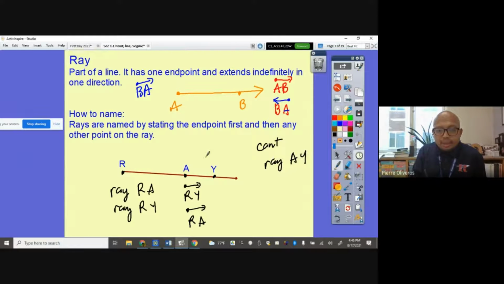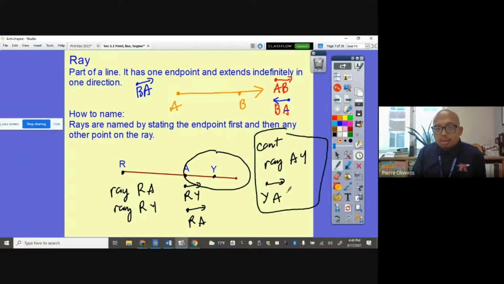It is a ray, but it only describes this portion here. It doesn't describe the entire example here. So it will still be wrong. Or if you say a ray here, and then you start with Y, goes to A or R, this will be an example of a wrong nomenclature. Nomenclature is how you name it. That's the term for that.